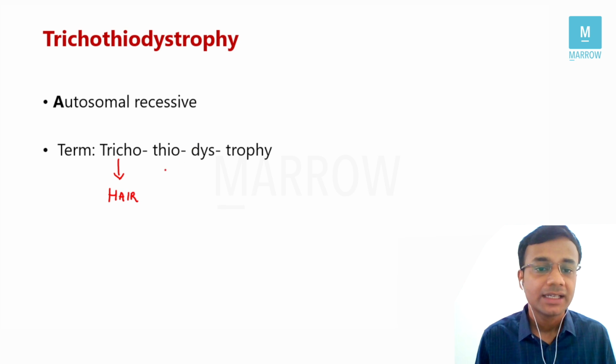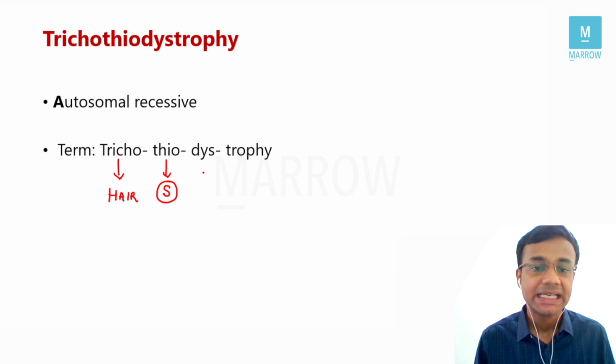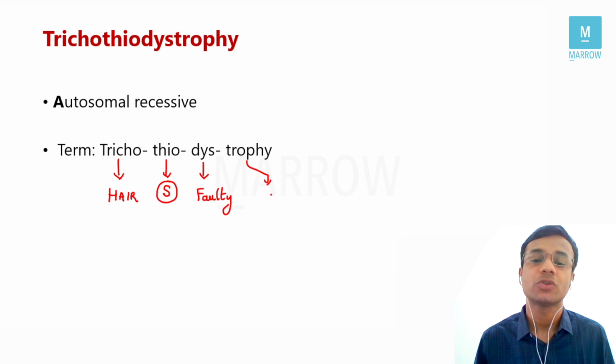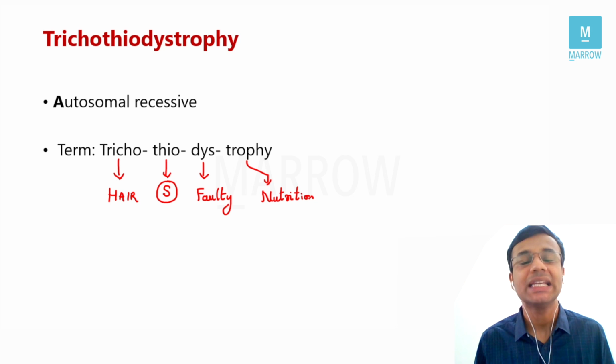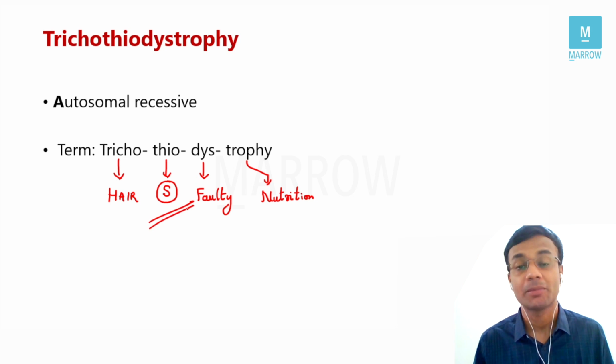Thio refers to sulfur, so whenever there is a sulfur compound you use the word thio. Dys means faulty or abnormal. Trophy refers to nutrition. So what is happening in this condition is faulty nutrition because of involvement of the sulfur containing amino acids.